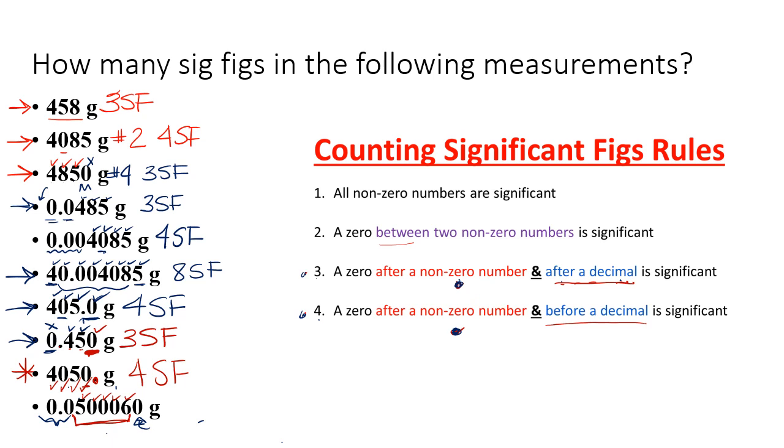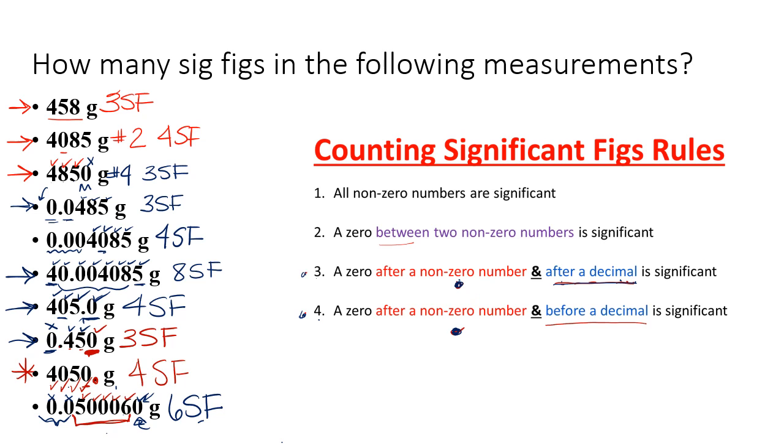No. So these are not significant. Let's look at this one. The 0 is after a non-zero number. And then is it after a decimal? Well, yes it is. I mean, far, far after a decimal, but yes it is. So by rule 3, this is significant. So let's count. 1, 2, 3, 4, 5, 6. There are 6 sig figs here.